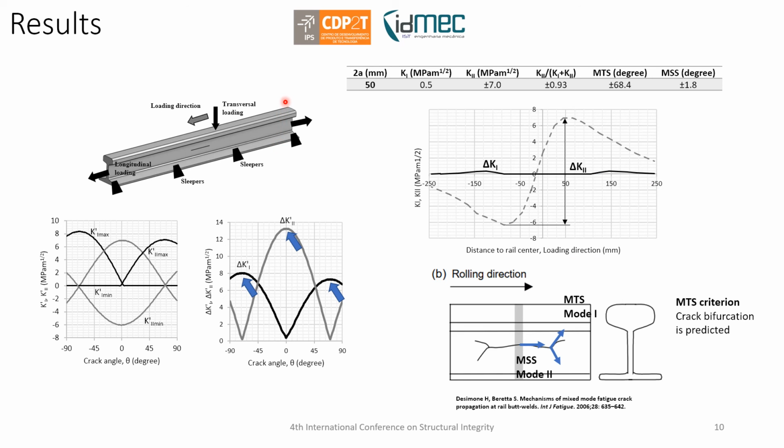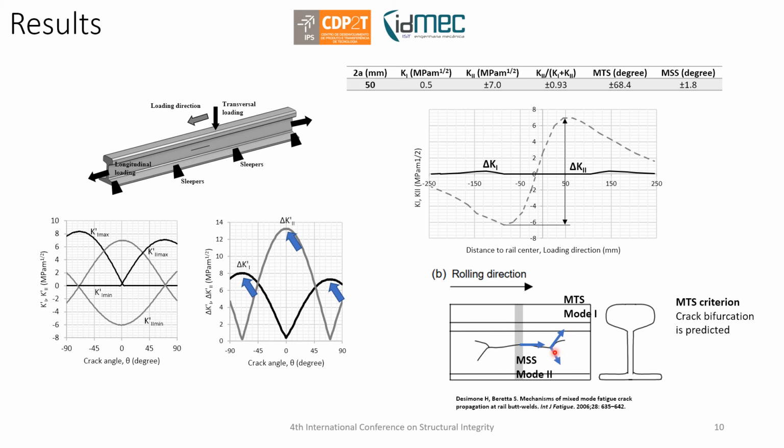So finally, when we consider the whole track and a load that moves along the direction of the rolling wheel, then we can see that mode 2 is dominant for a crack starting from the base of a weld. In this case, the crack will propagate along a horizontal direction according to the MSS or mode 2 criteria.